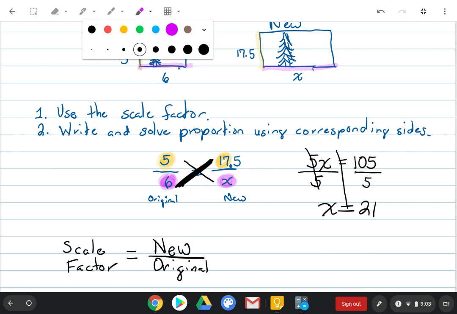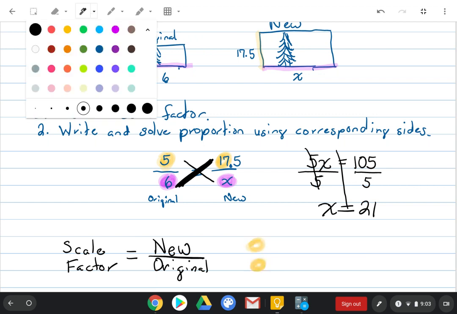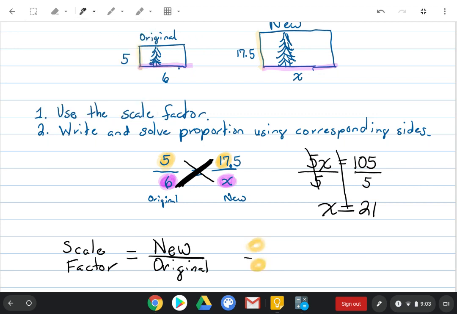So I'm going to look at the yellow side, okay? So I'm going to look at the yellow side of the new picture and the yellow side of the original picture. The yellow side of the new picture is 17.5 units long, and the yellow side of the original picture is 5 units long. So now I have 17.5 divided by 5.